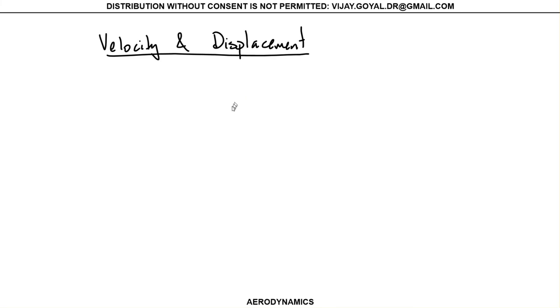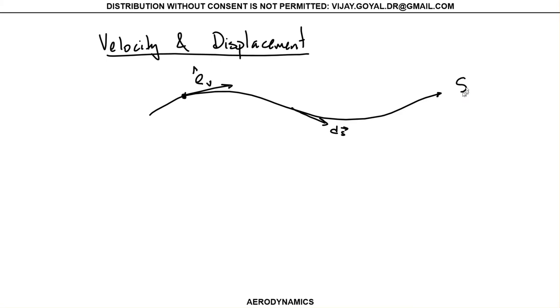Let's suppose I have a stream, and I have a particle there, and that particle is going at the velocity v, and I also have a small delta s, and this is my path s. This is parallel to the surface here.